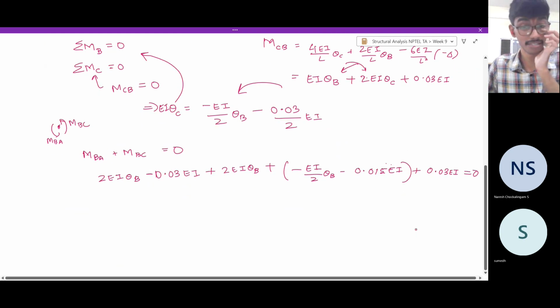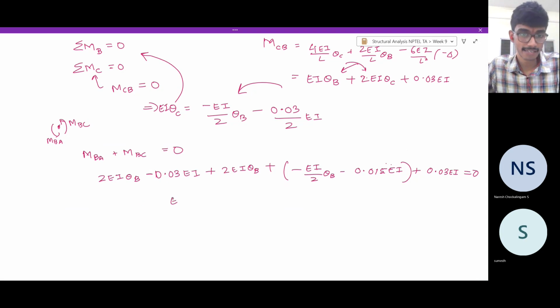So the only unknown in this equation is theta B. You can take everything else to the other side. And solving this, you get EI theta B is equal to 0.015 by, so 2 into 2, 2 plus 2 is 4, 4 minus half is 3.